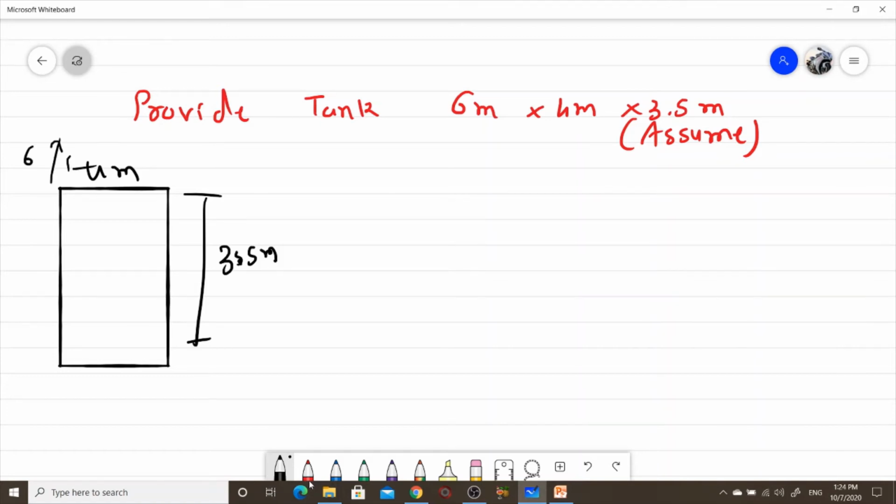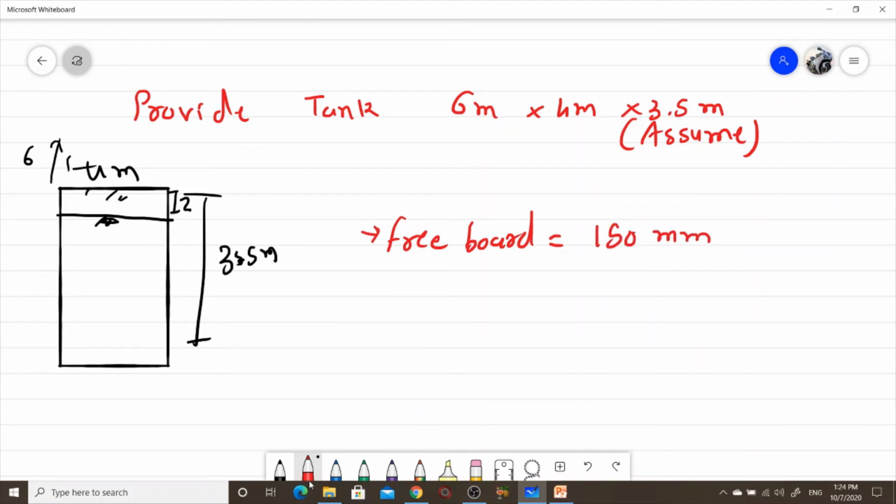Okay, right now we cannot fill the whole water tank, the full tank, at a time. So we still need some freeboard, so the water level is a little bit below the top of the slab. So I provide a 150 mm freeboard.